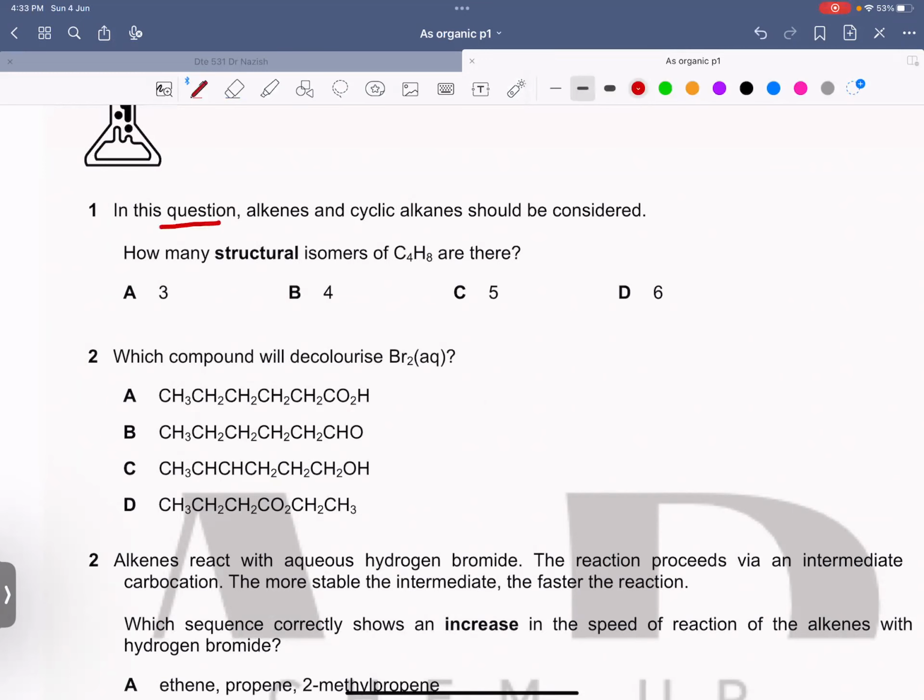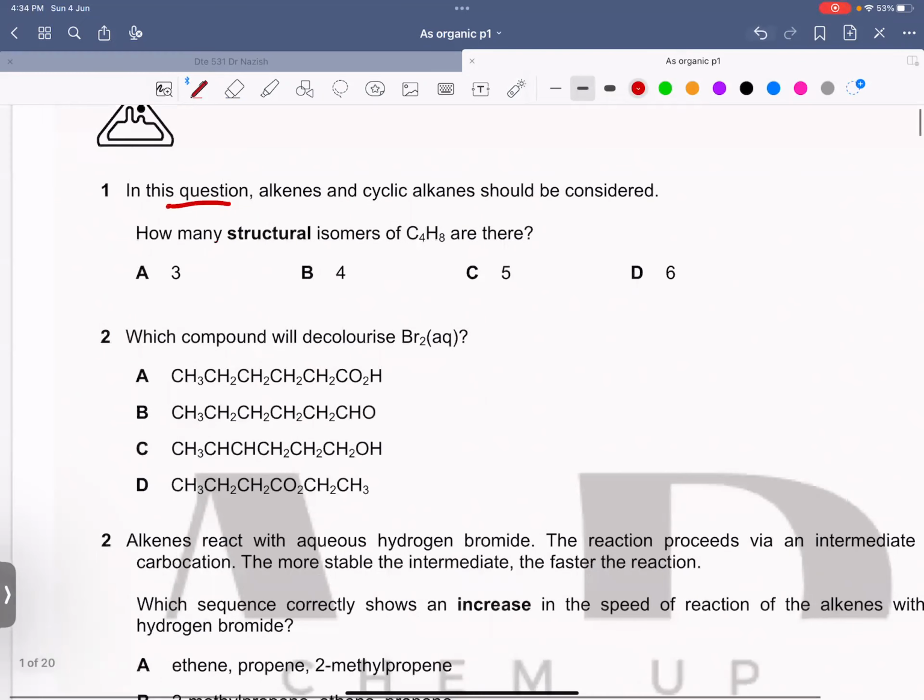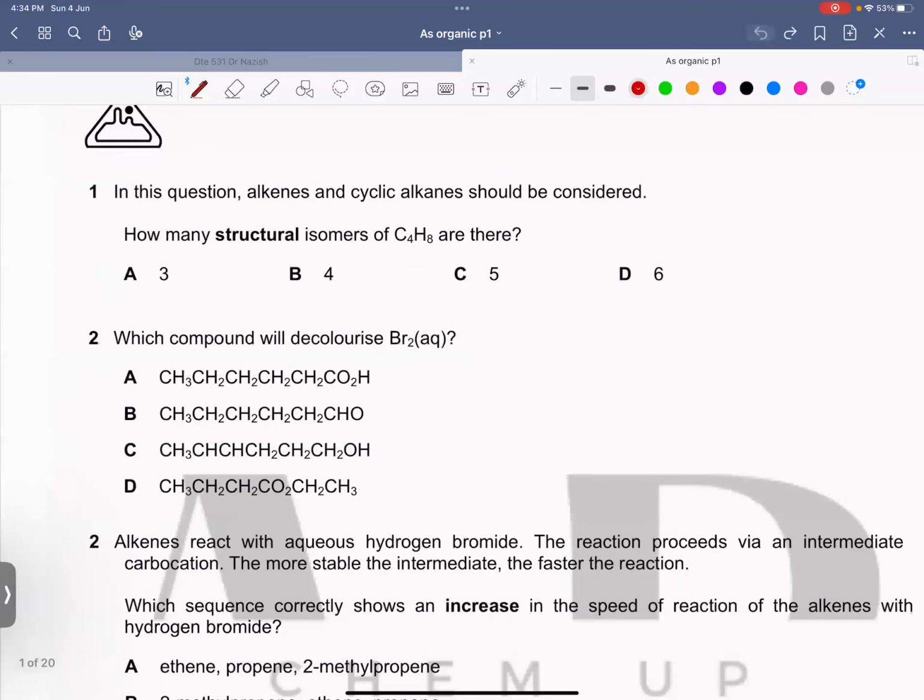In this question, alkenes and cyclic alkanes should be considered. How many structural isomers of C4H8 are there? Okay.